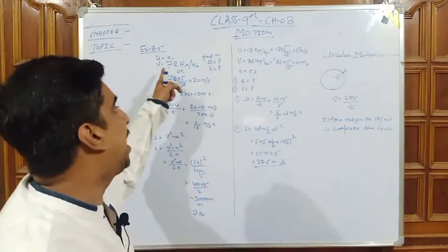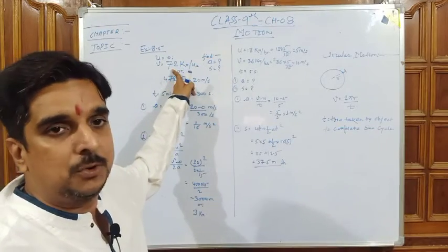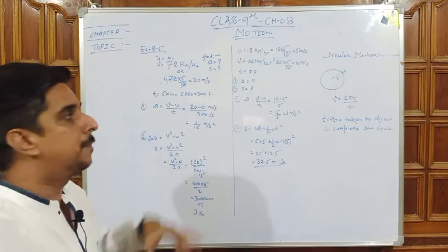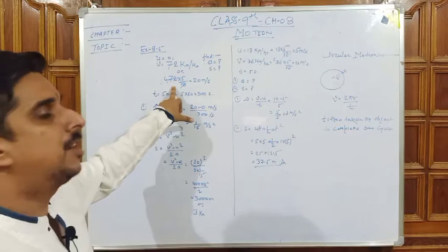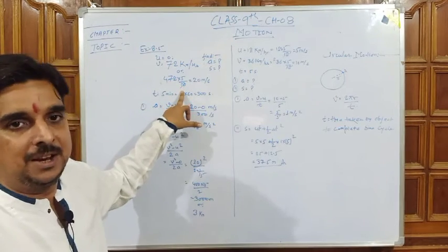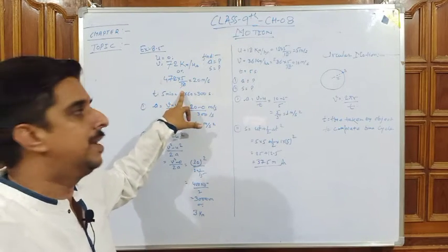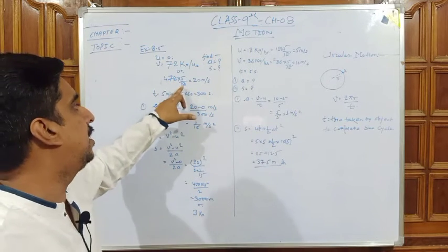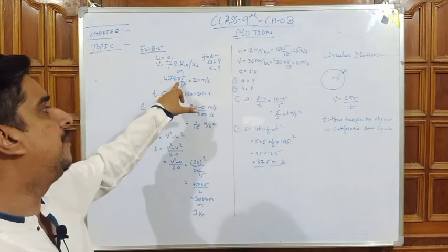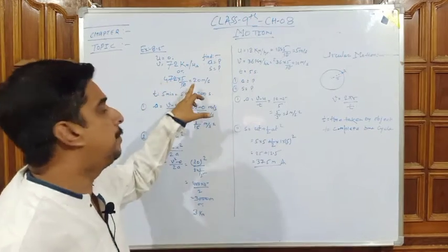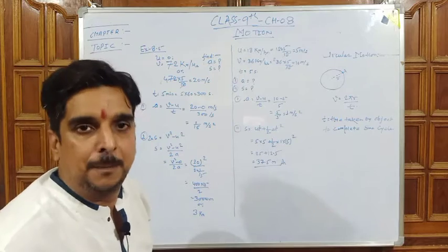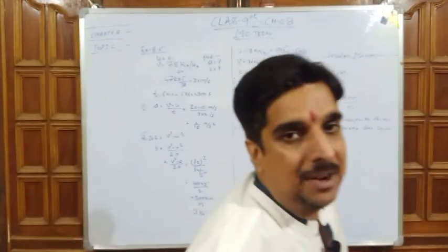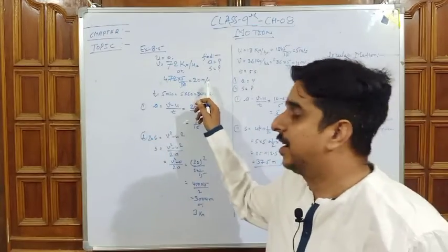So I converted 72 km per hour to meter per second. I multiplied 72 by 5 by 18, the trick I wrote in my previous class. 18 into 4 is 72, so I cut 18 and 72, and 5 into 4 is 20. So by multiplying by 5 by 18, we simply convert kilometer per hour to meter per second, and that will be 20 meter per second.